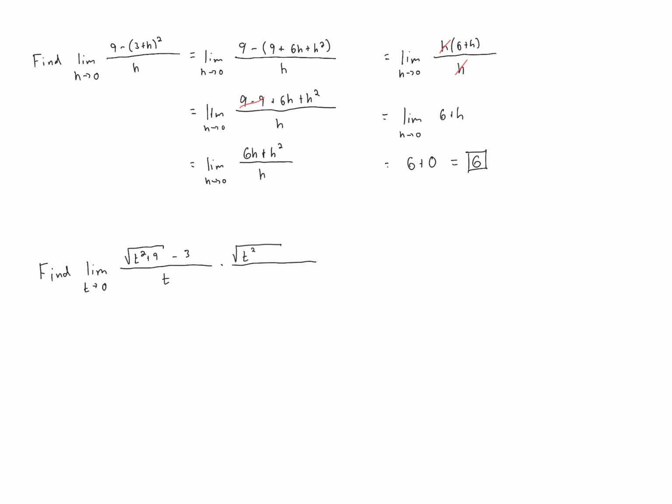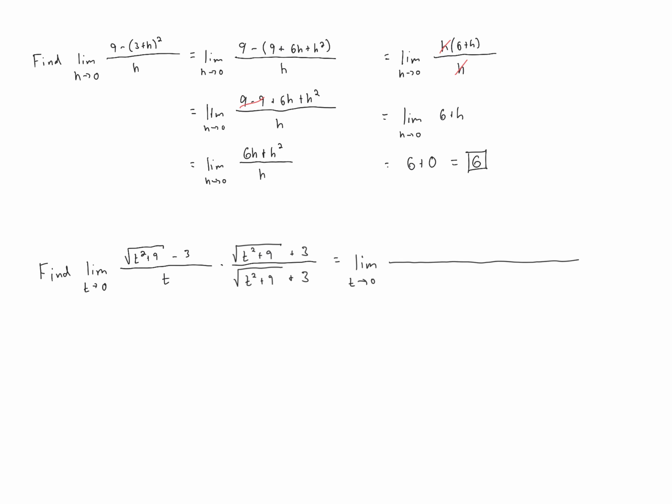So the square root of t squared plus 9 plus 3 in both the numerator and the denominator. And it's probably not at all clear how this is going to help, but you'll see in just a moment.